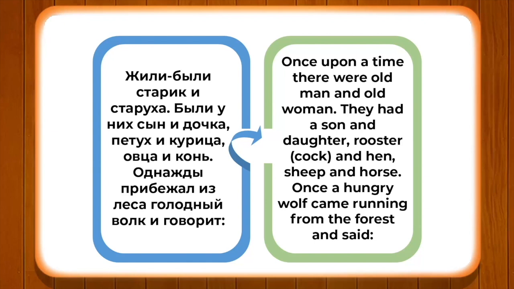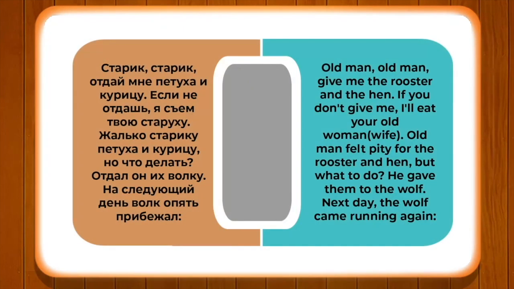Once upon a time, there were an old man and an old woman. They had a son, a daughter, a rooster, that means cock, and a hen, a sheep and a horse. Once a hungry wolf came running from the forest and said, "Hey, old man, give me the rooster and the hen.